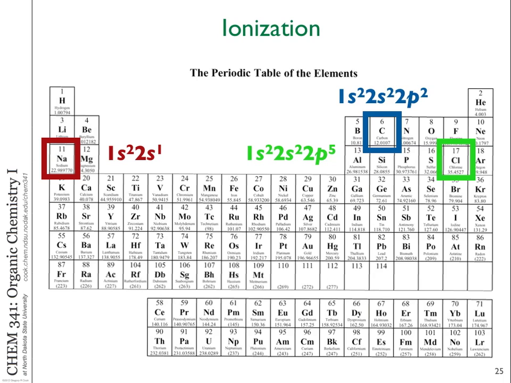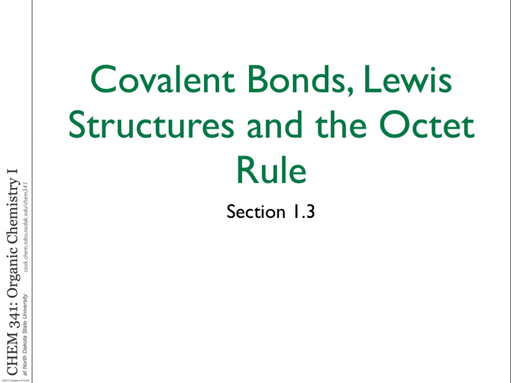Right? And it takes a lot of energy. It's a very high energy state to be a 4+ cation or a 4- ion on one element. So instead of doing that, carbon likes to bond in a different way. It's not easy to ionize carbon to a stable state. And that's where we have a different type of bonding called covalent bonds.